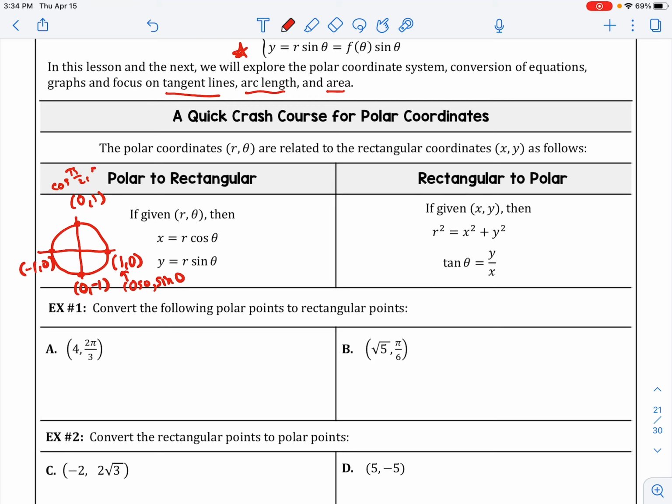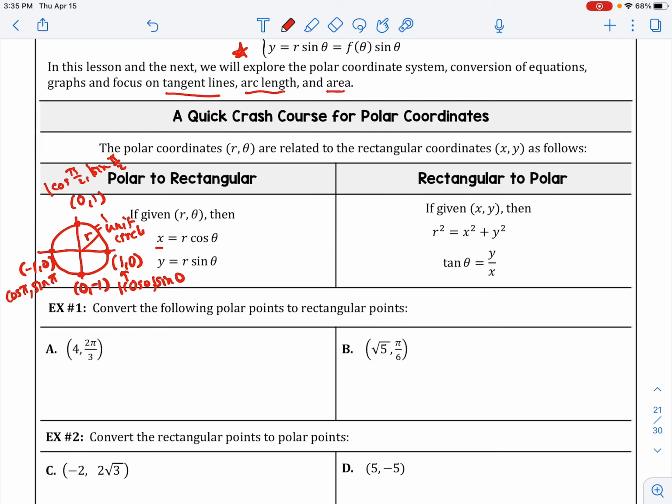And this one is the cosine of pi over 2, comma, the sine of pi over 2. And this one is the cosine of pi, comma, the sine of pi. Well, remember, this is the unit circle, and our radius is 1. So this is like 1 cosine theta, 1 sine theta. 1 cosine pi over 2, 1 sine pi over 2.